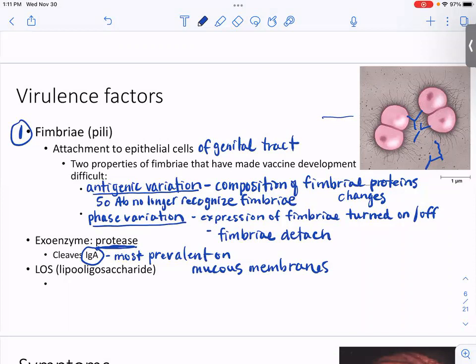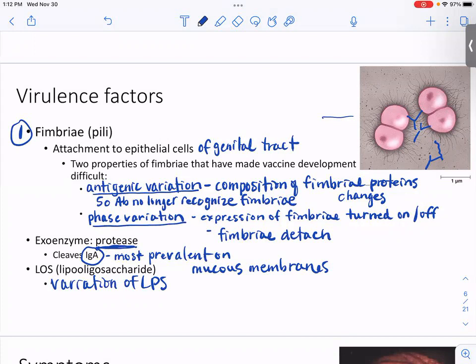In addition, it has a little bit different variety of lipopolysaccharide. Remember, that's on the outer membrane. It's a gram-negative. It's called lipooligosaccharide. It just means it has a little bit, we'll call it a variation of LPS. It has a little shorter polysaccharide, a little shorter sugar chain there.